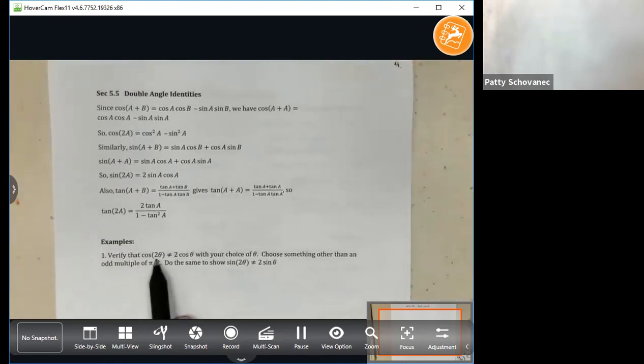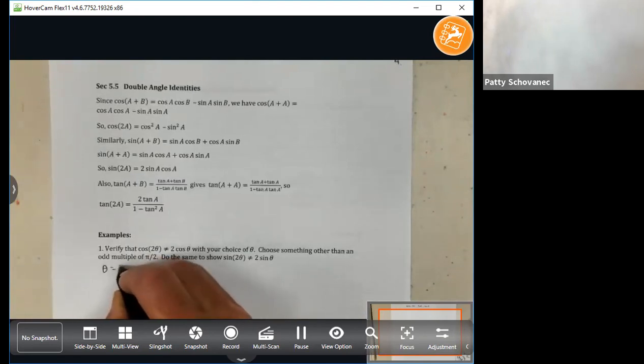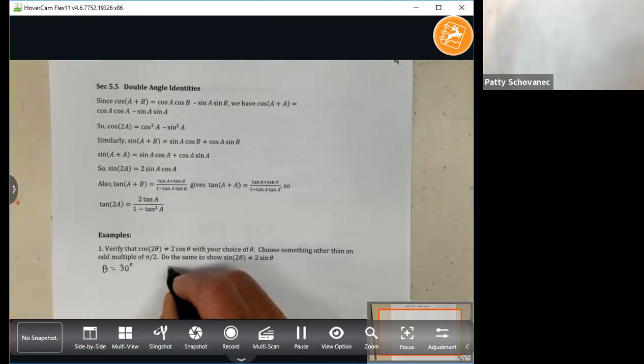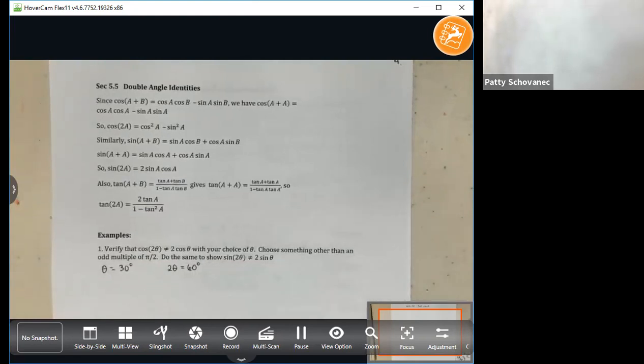But I want to verify now that the cosine of twice an angle is not twice the cosine of the angle. And the easy ones to use maybe are 30 degrees and 60 degrees. 60 degrees is twice 30 degrees, right? I'm going to take theta is 30 degrees, so that 2 theta is 60 degrees.